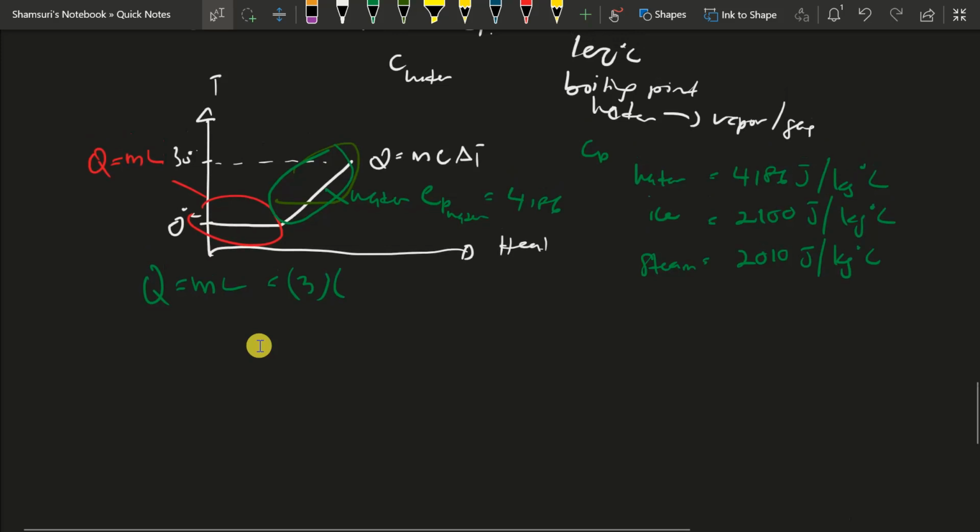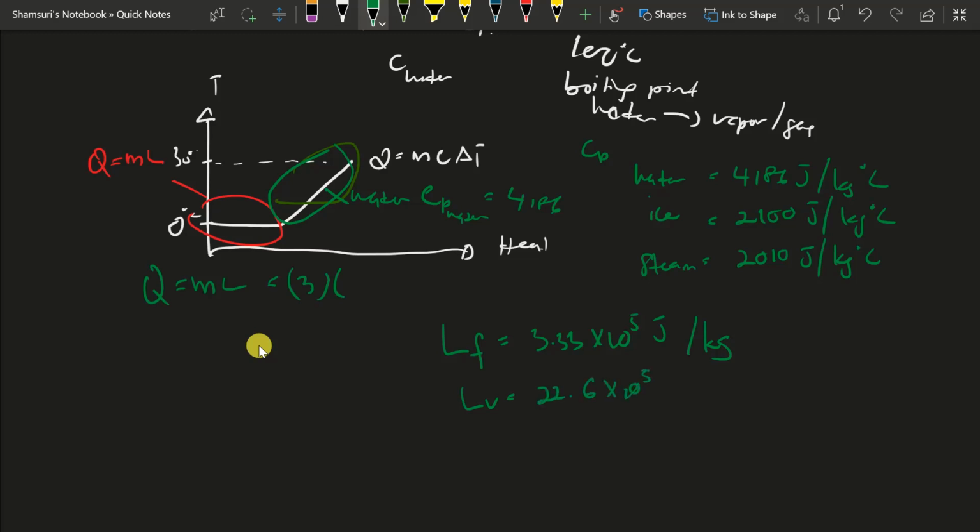So L here has Lf, which is equal to 3.33 times 10 to the power 5 joule per kilogram, and then we have Lv for the vapor, 22.6 times 10 to the power 5 joule per kilogram.